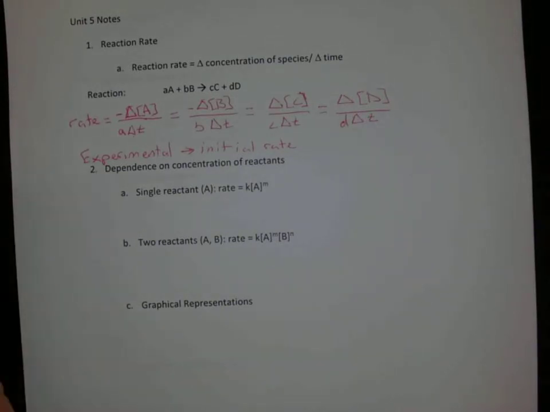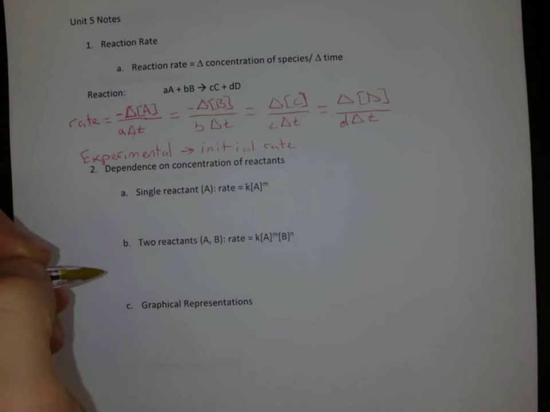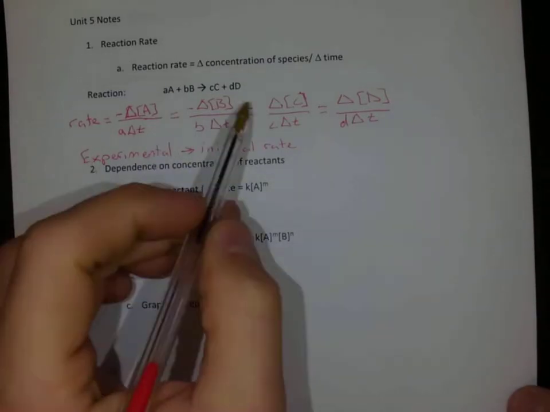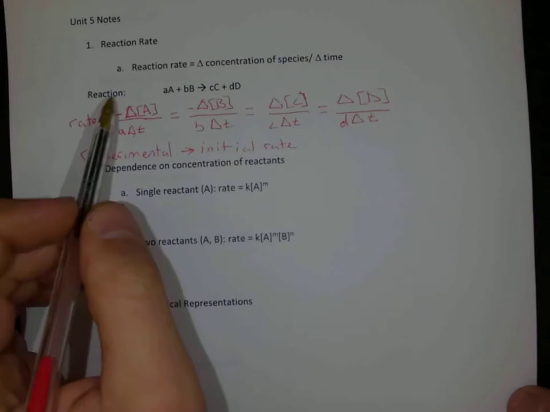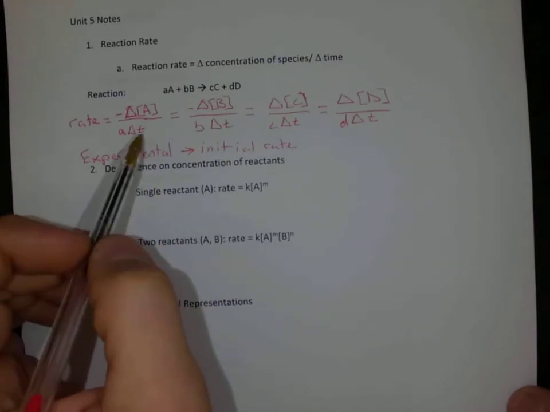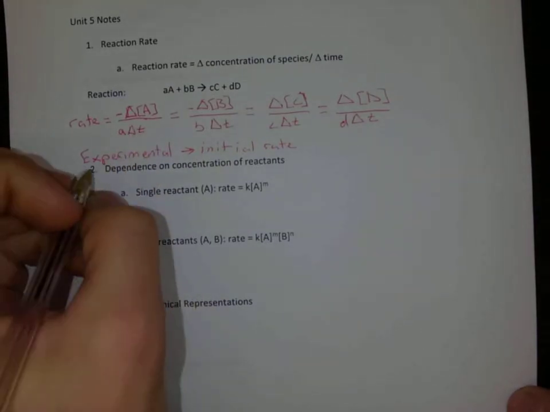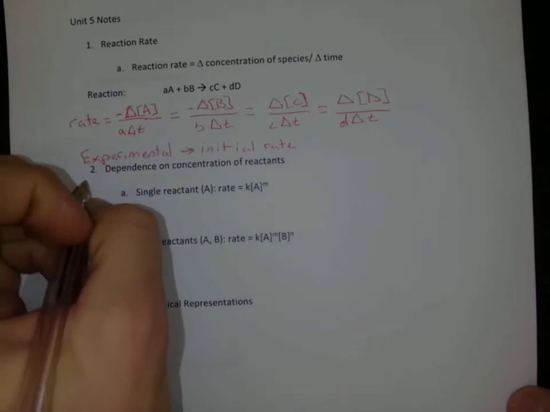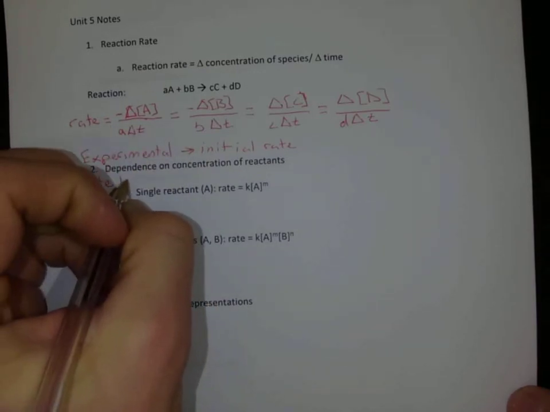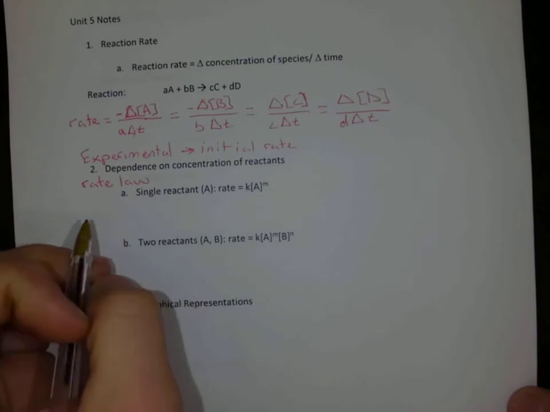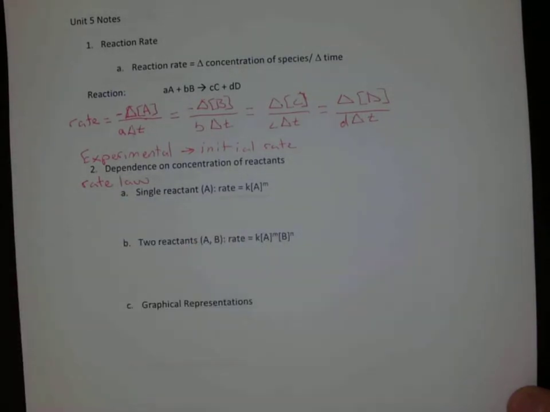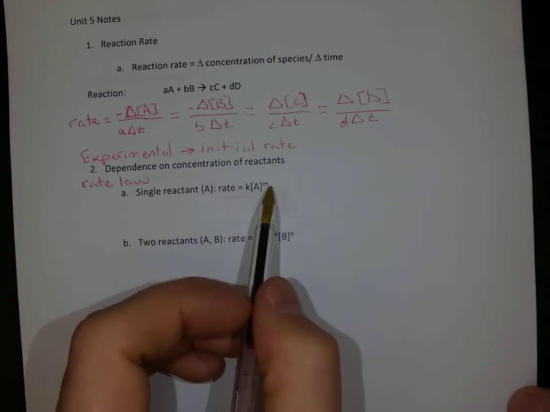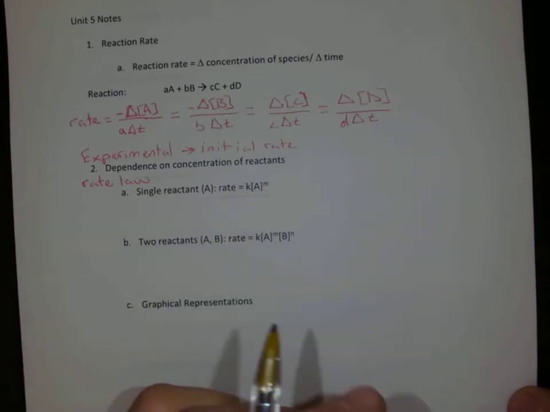But let's talk about some of these reactions now. Generally, first off, we want to be able to write the rate as something changing over time. But once we understand that basic piece, we want to be able to write the rate law. The rate law is essentially something like this, where we have rate equal to k times the concentration of A to some power.